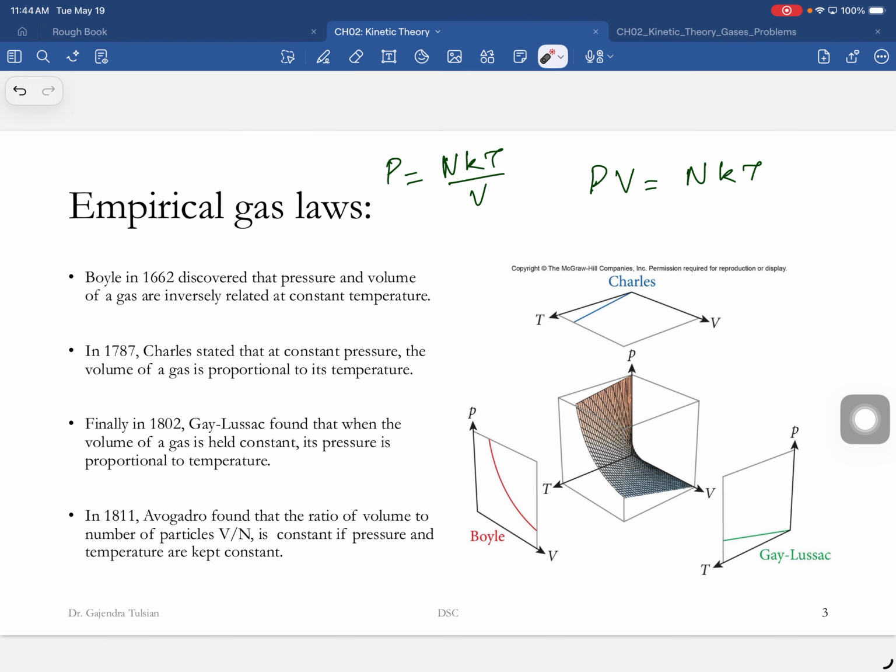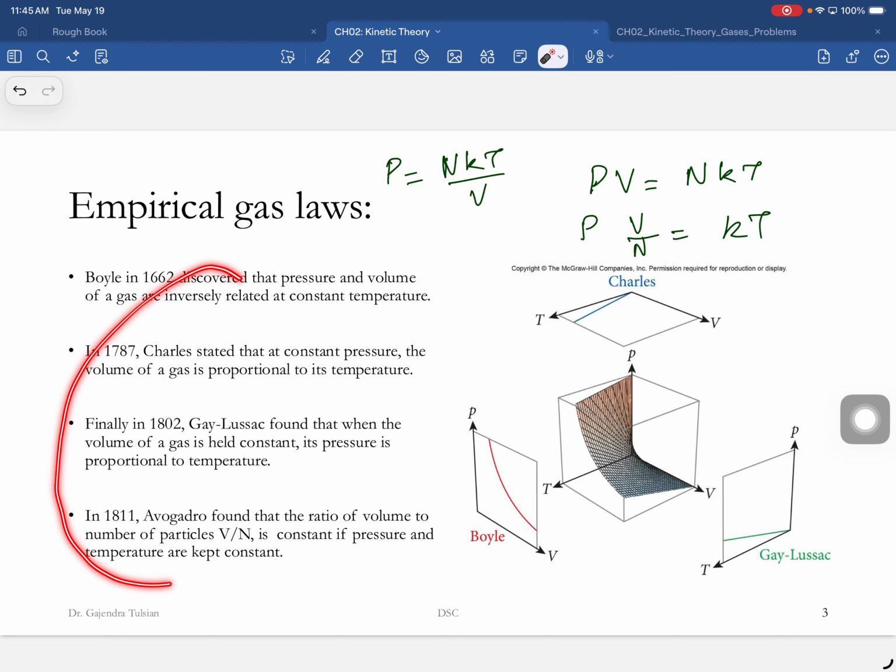So if you hold the temperature and pressure constant and double the amount of gas, the volume will double. If you had 100 molecules, and now you have 200 molecules, the volume will double.